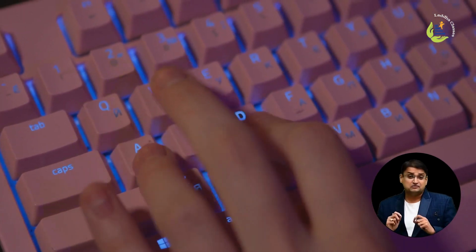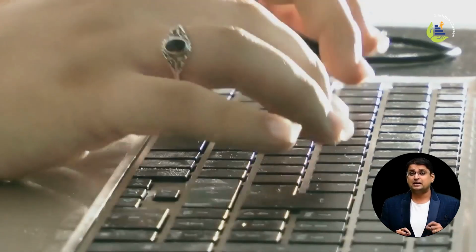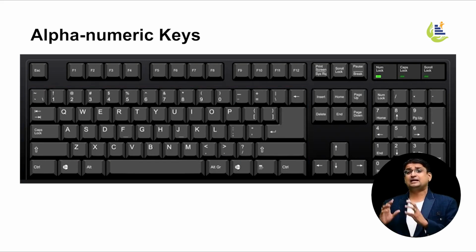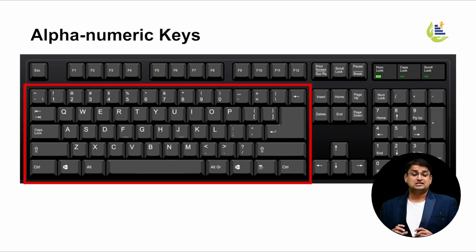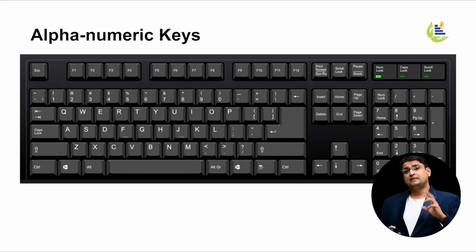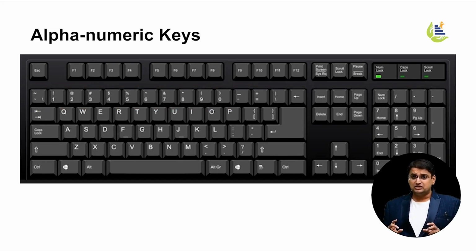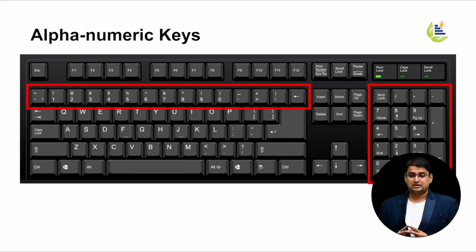Key features of alphanumeric keys. The alphabet keys on the keyboard, which are usually arranged in the QWERTY layout. These keys represent the 26 letters of the English alphabet. Numbers from 0 to 9. The number keys located at the top of the keyboard or within the numeric keypad on full-sized keyboards.